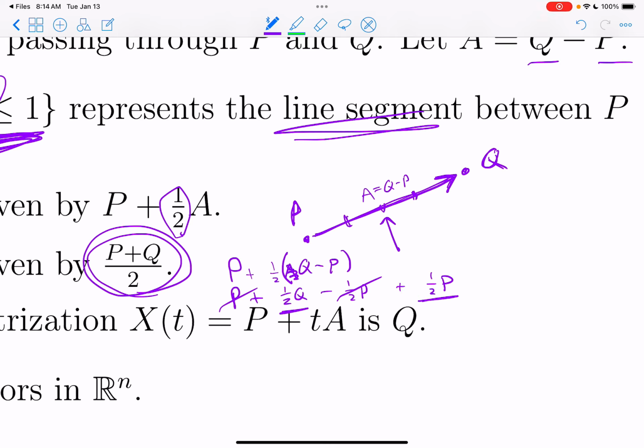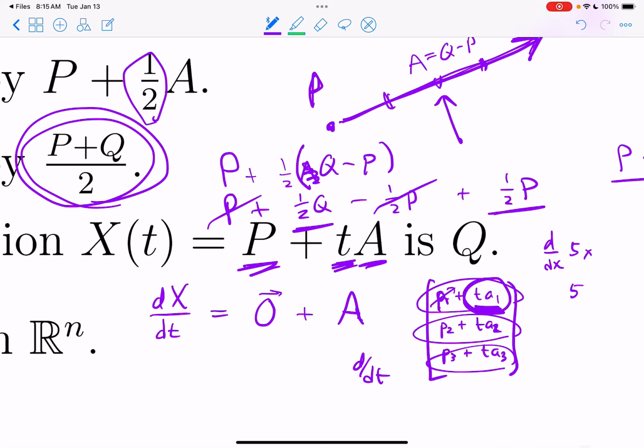And sure enough, P sub 1 is just a number and it doesn't depend on t, so its derivative is 0. Whereas, just like d/dx of 5x was 5, d/dt of t a1 is a1. And so if we do d/dt to this, we get a1, a2, a3, which is just the vector A.